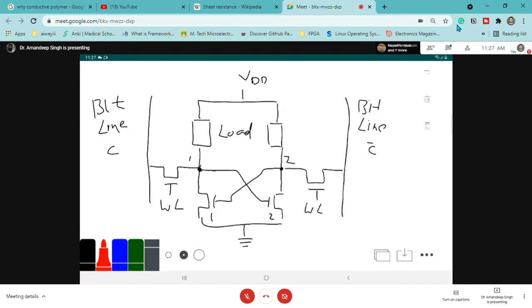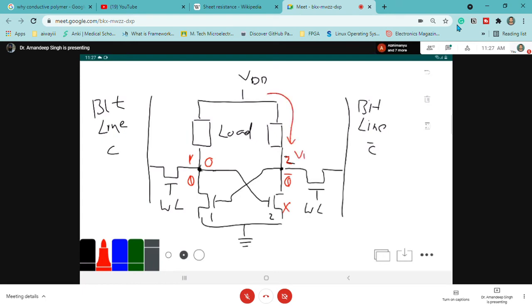So data is stored at node 1 and at node 2. Because in a flip-flop also we have complementary data Q and Q bar. So if I say Q is here, Q bar is here. So if 0 is stored here, then this transistor is off. Okay, and VDD is directly connected with this.